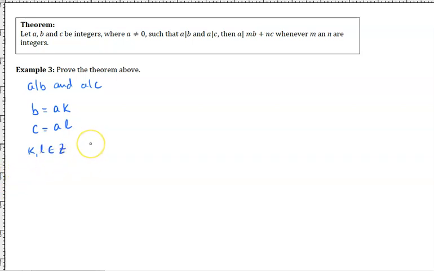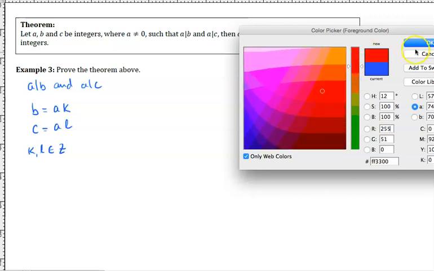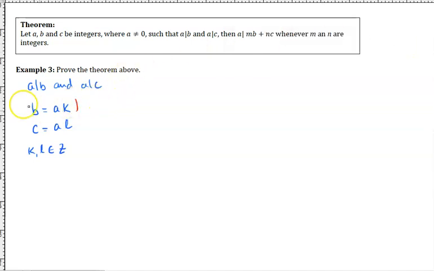All right. Okay. So now we're going to multiply both sides by M here. Okay, so we're going to take this and multiply by M. And we're going to get MB equals AKM.